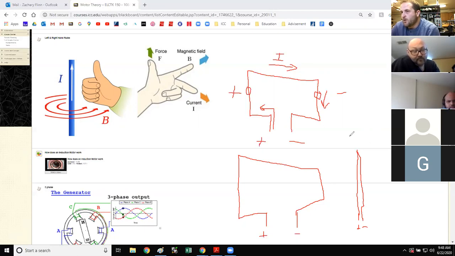Because there's no change in current. It's just going to want to go in one direction and then stop because current's still going the same direction, right? So for a DC motor, because we have direct current, we have to put something called a commutator in there. And the commutator reverses the direction of current flow so that that coil will keep spinning.